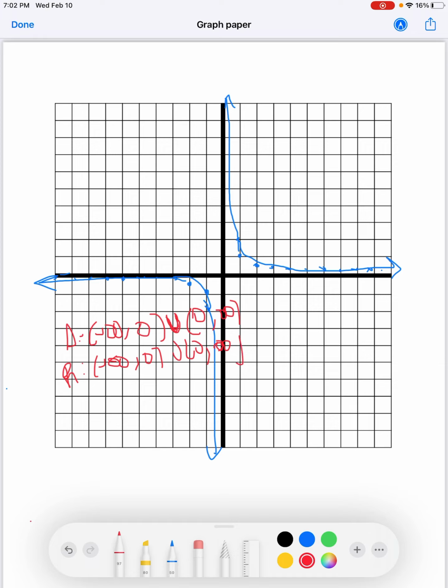The graph is odd because that means rotational symmetry. So if you rotated that, it would look the same, upside down. There is no relative minimum because it goes all the way to negative infinity. It decreases from negative infinity to 0, and then it increases from 0 to positive infinity, and it doesn't increase otherwise.